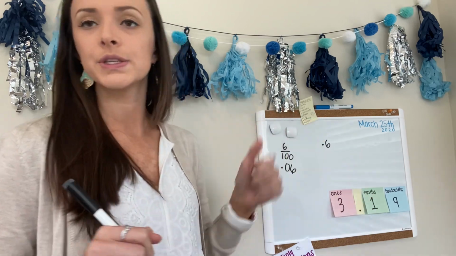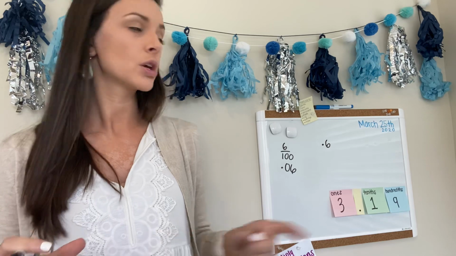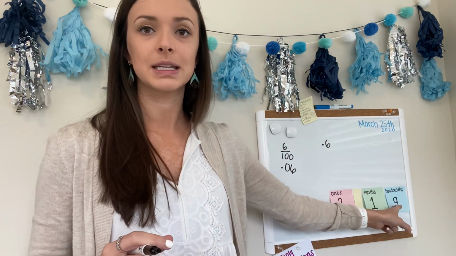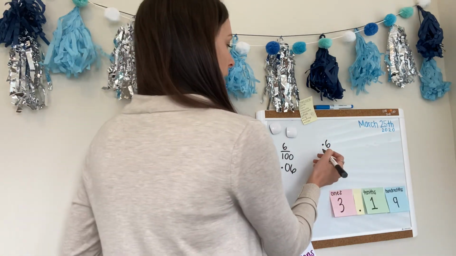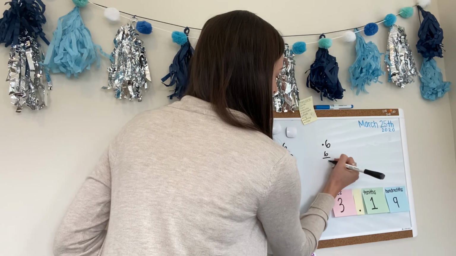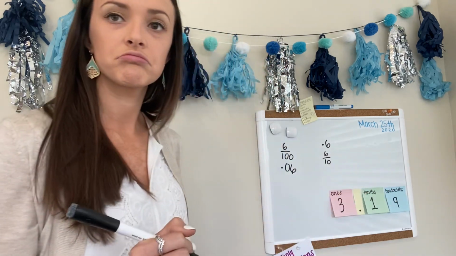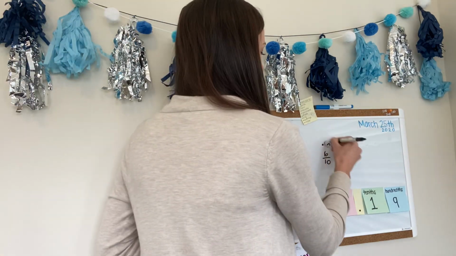Again, just like that place value work we did at the beginning of the year, you have to think of where you're putting those digits. So if it's 600ths, that needs to go in the hundredths place. If this is 6 in the tenths place, then that is showing me 6/10. Pretty straightforward.